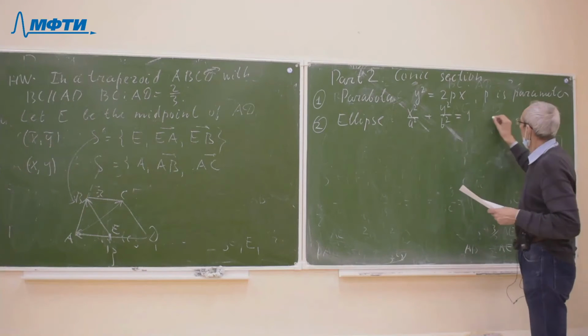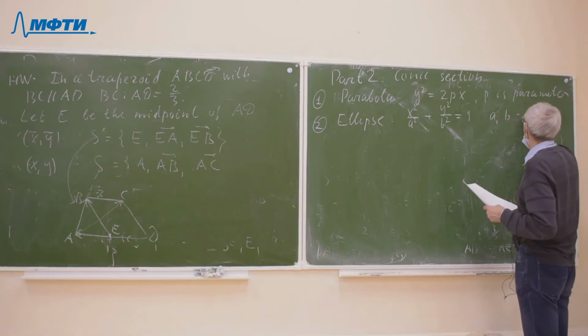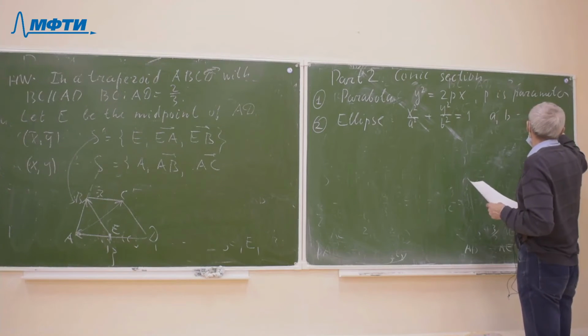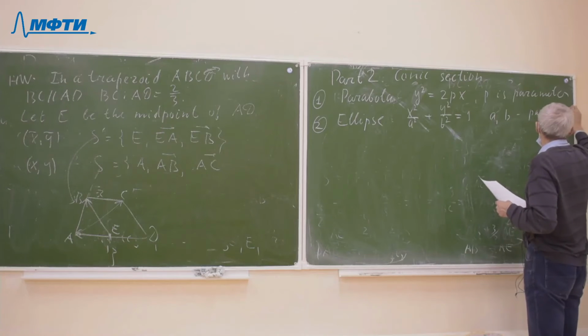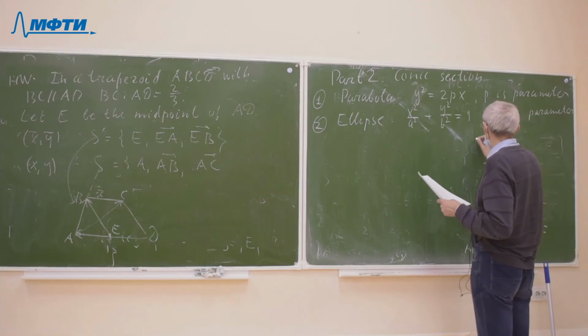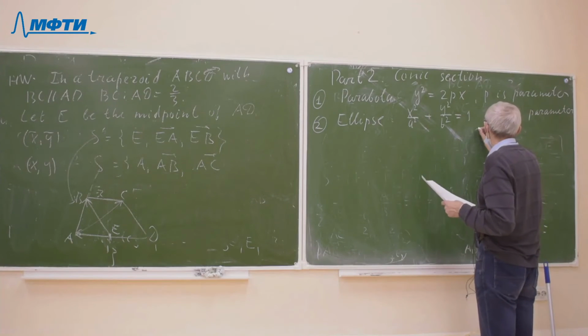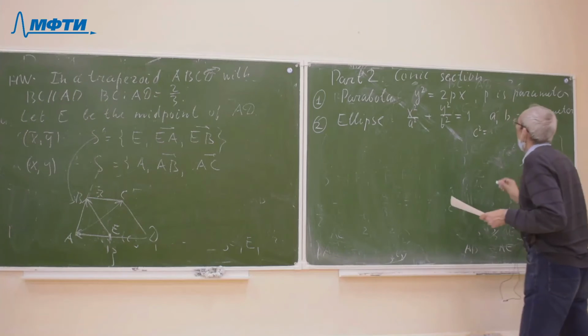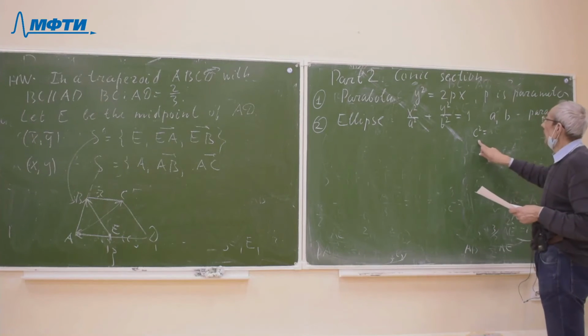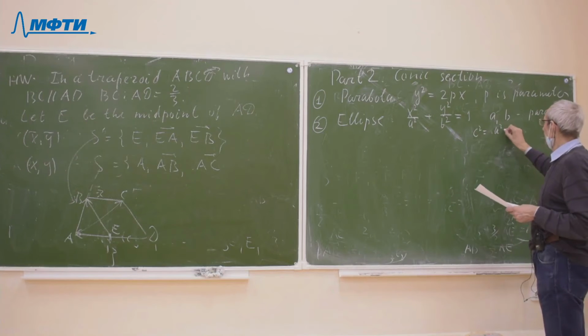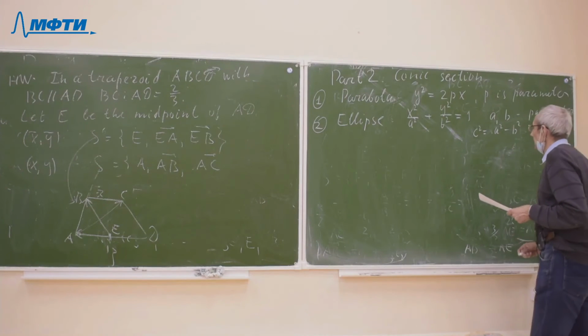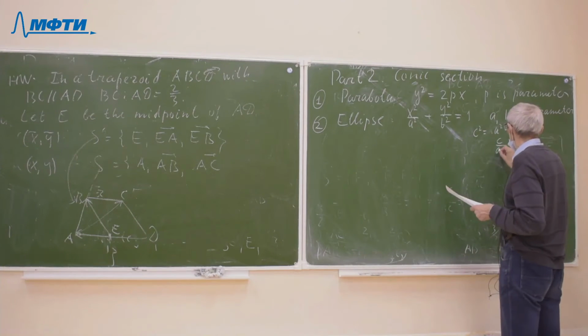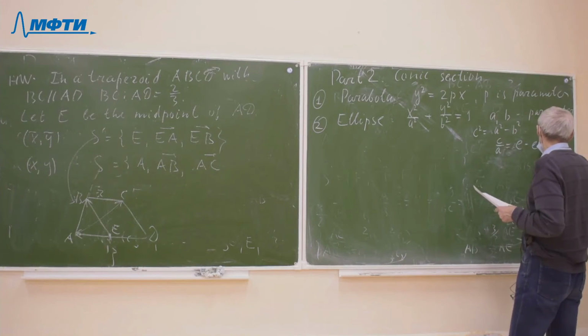In this formula, there are two parameters, a and b. And we can also use c squared as the difference a squared minus b squared, and the ratio c over a is equal to e, the eccentricity.